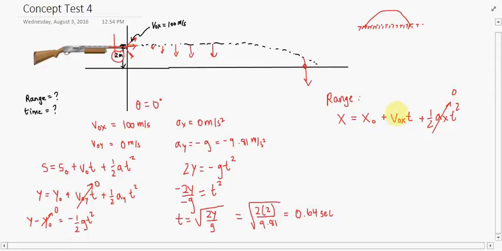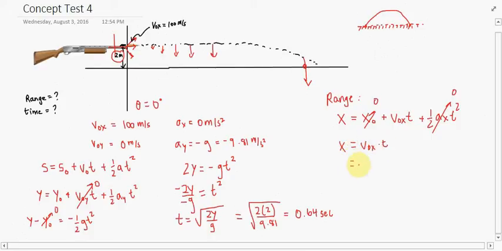I'm already given the velocity in the x direction. And since my initial x position is relative to where I start from, this also simplifies to 0. I'm just left with this simplified equation, v0x times time.